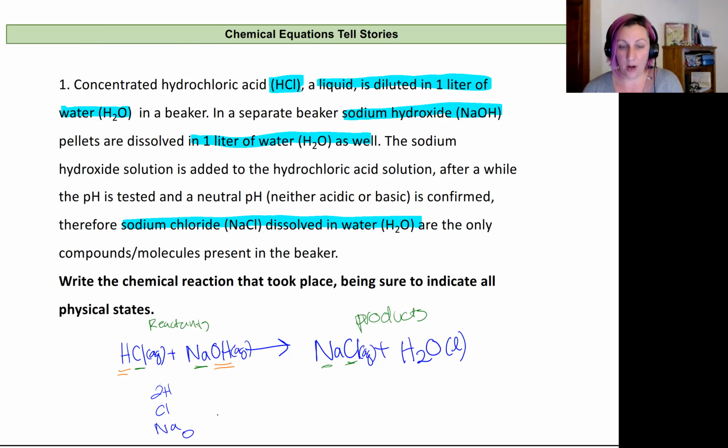And on my product side, I have 1 sodium, 1 chlorine, 1 oxygen, and 2 hydrogen. So this is a balanced reaction. And we're going to talk about the steps to balancing a reaction next. So I'll be able to just write this as is, and that will be my interpretation of this story of how this chemical reaction happened.